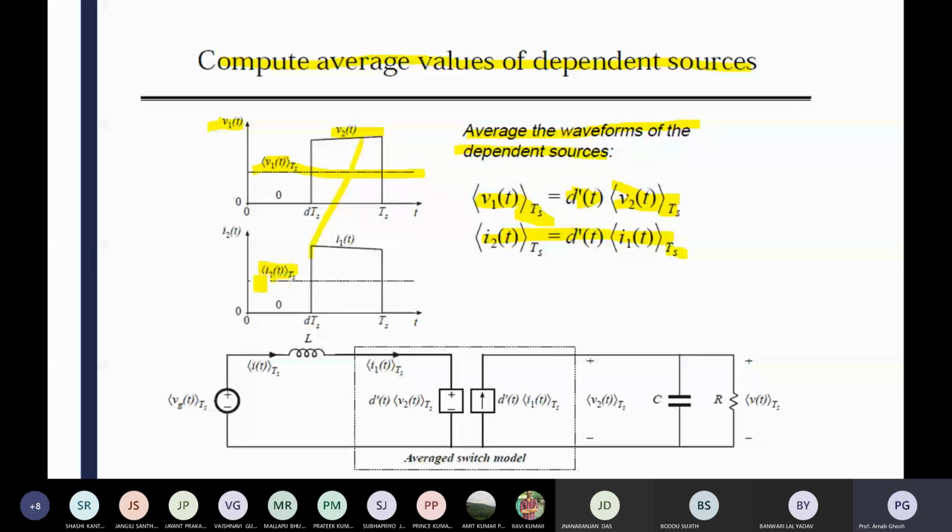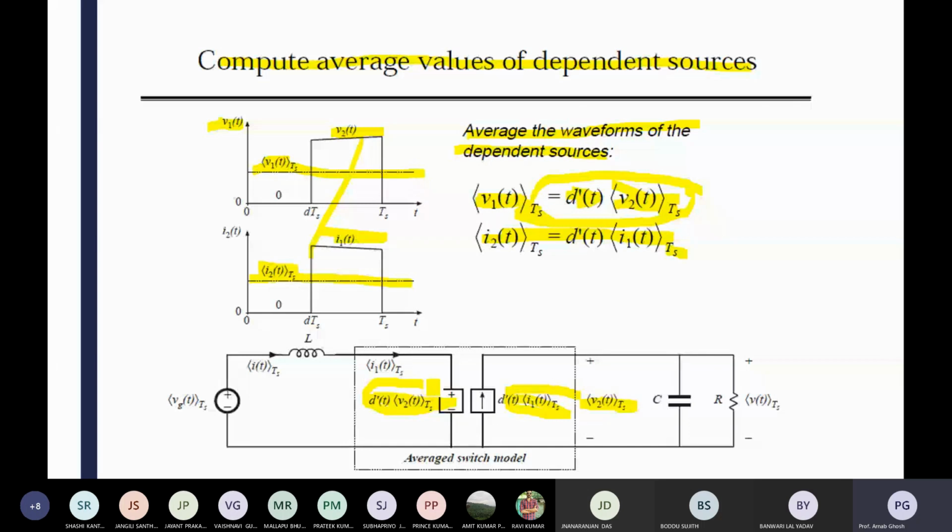Now you can replace those values. These two values are replaced in the form of voltage, which is why they are dependent. The voltage depends upon your average V2 voltage, and the I2 average current depends upon your I1 current.